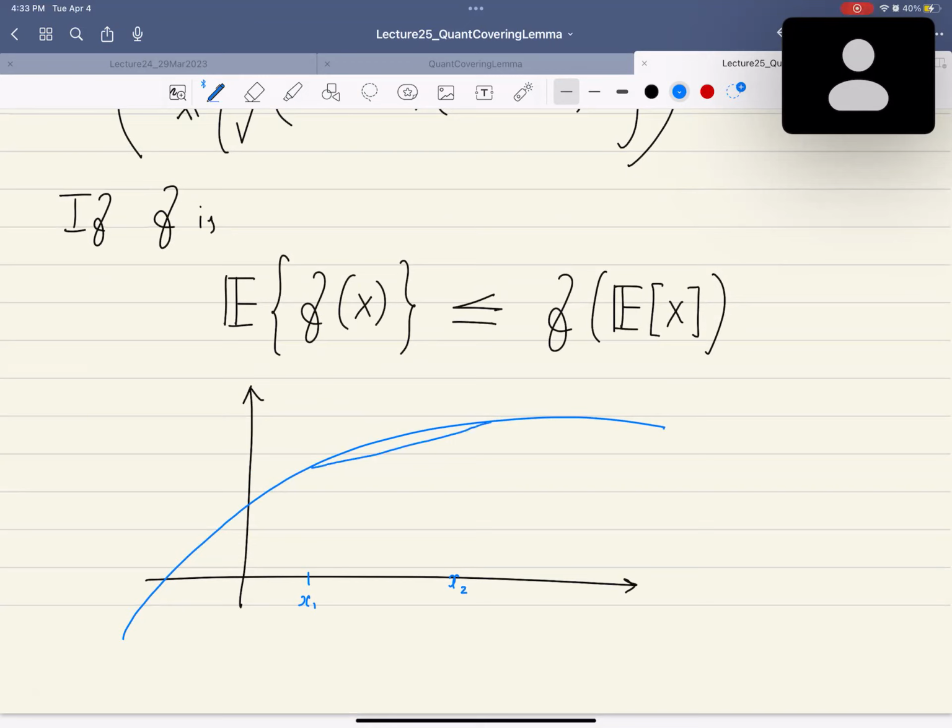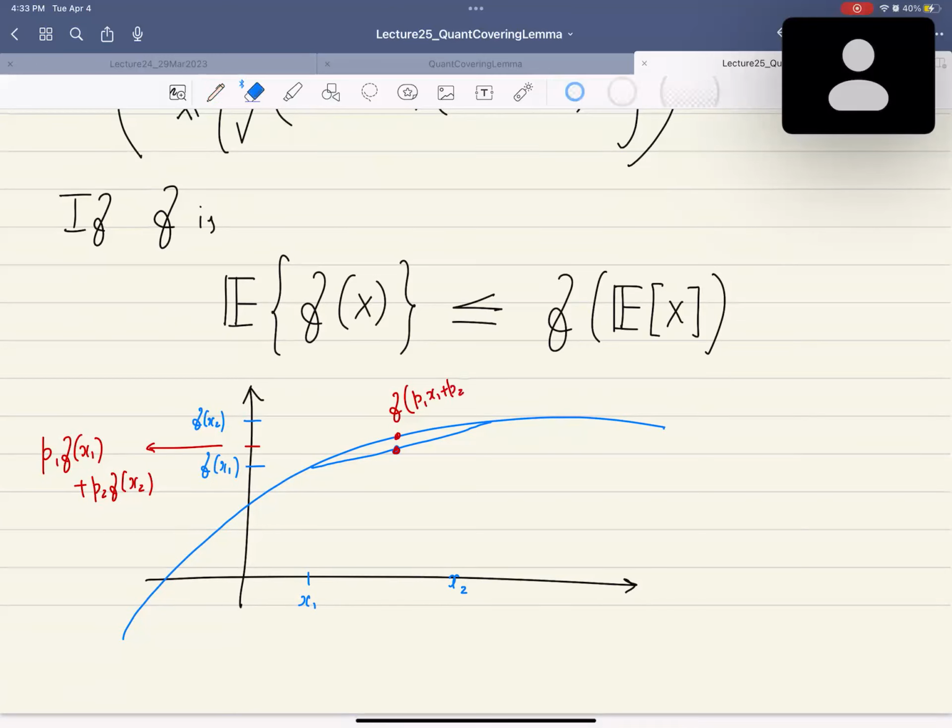So this point is f of x1. This point is f of x2, and this red point is p1 f of x1 plus p2 f of x2. The p1, p2 is the division of the line between x1 and x2, and this point is f of p1 x1 plus p2 x2.